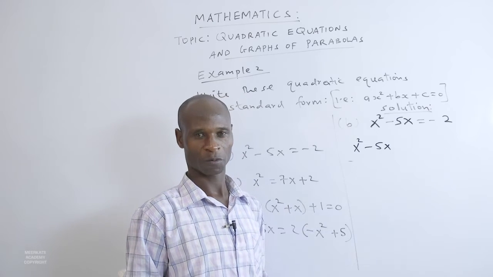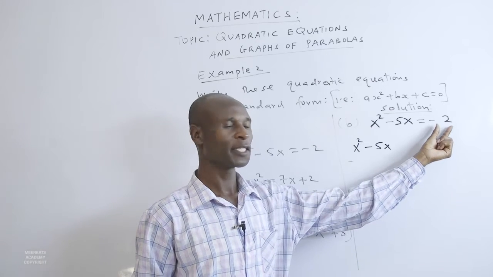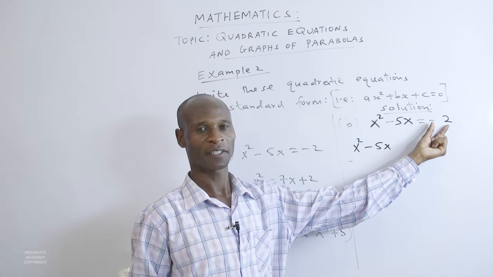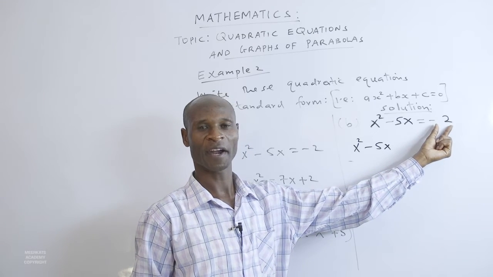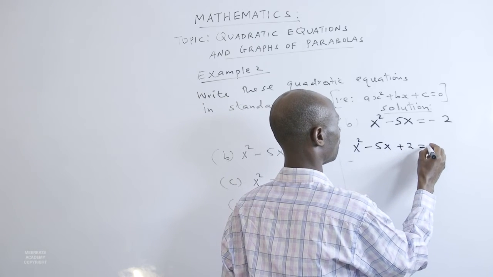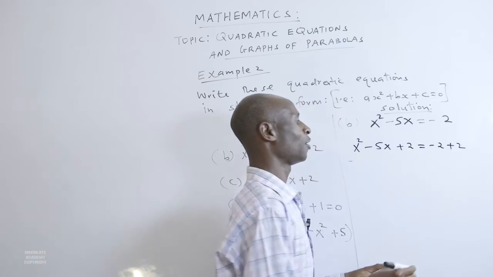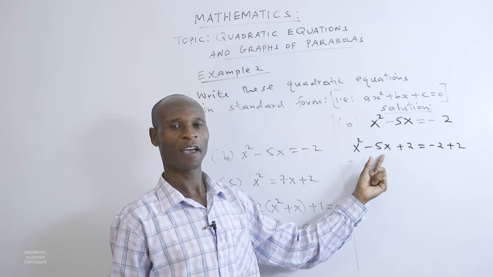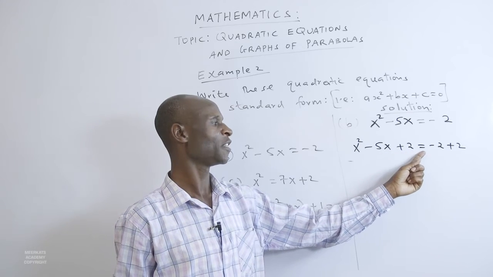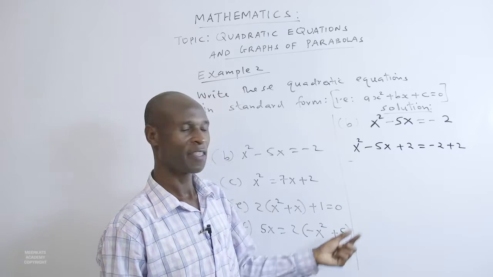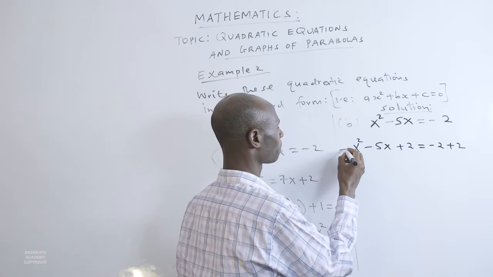So what do we do? Because it is negative 2, we add 2 on both sides so that we eliminate it on the right-hand side. So in this case, we shall have x squared minus 5x plus 2 is equal to minus 2 plus 2.